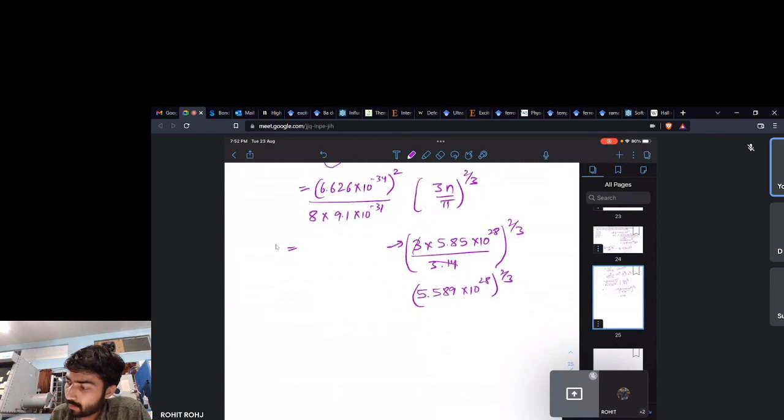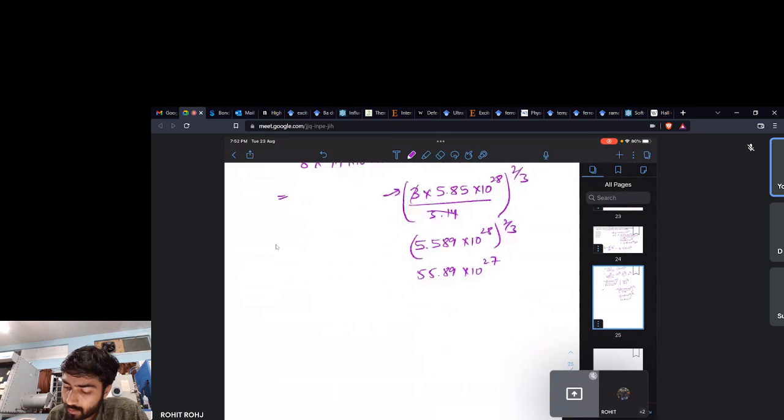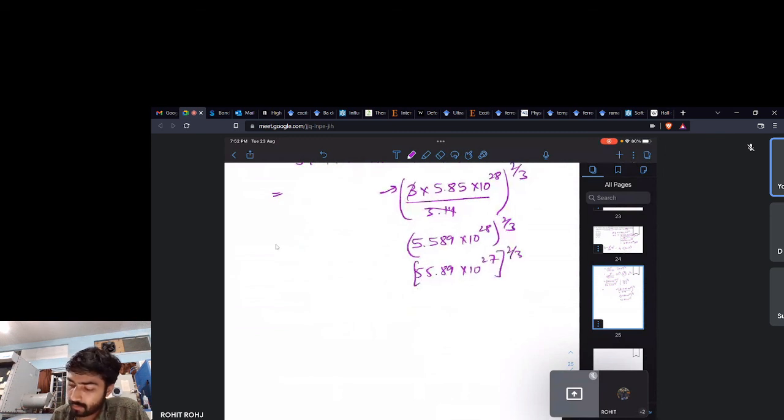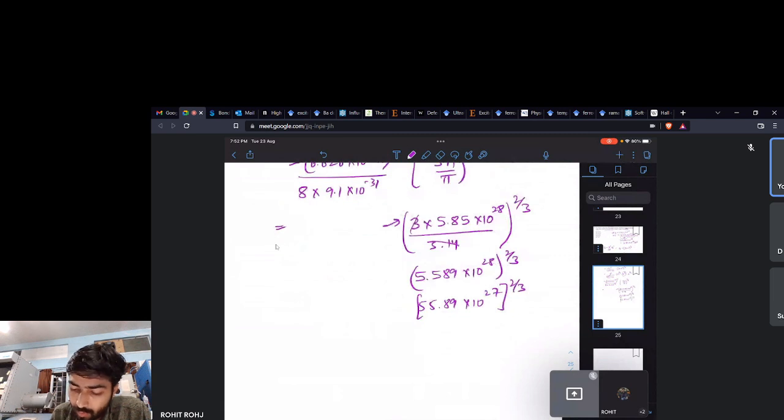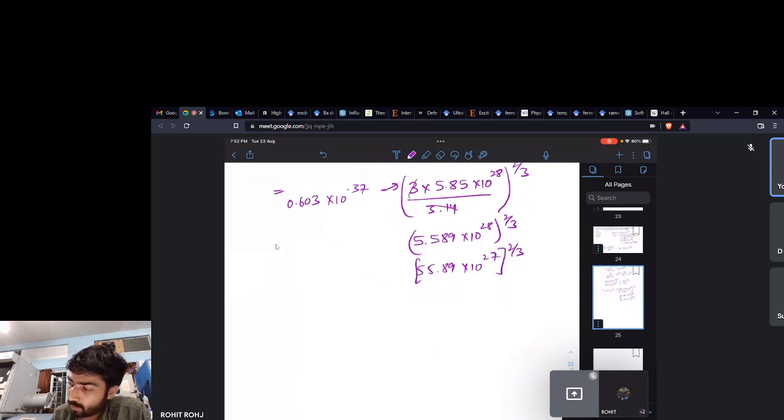We can take one value from 28, so 55.89 into 10 to the power 27, so that it becomes 10 to the power 9. We can cancel out by 3 into 9 is 27. So what I can do here is again 2 by 3. Now the initial part, if one evaluates, comes around to be 0.603 into 10 to the power minus 37. So multiply these two parts and we are done here.